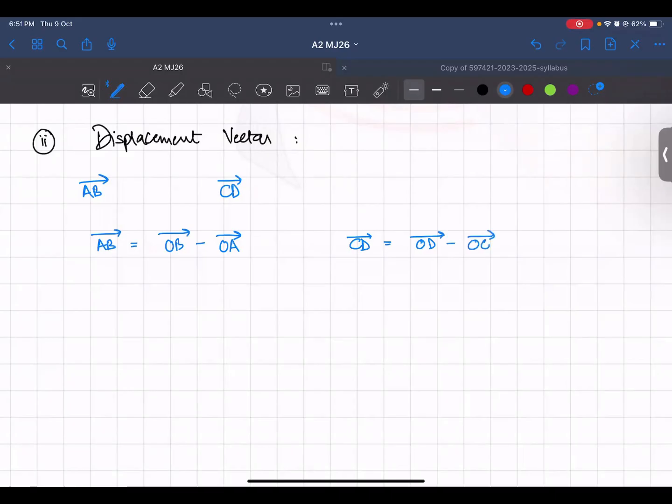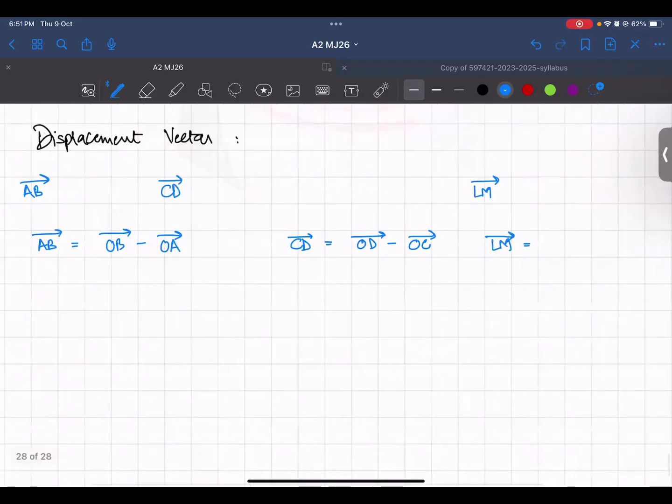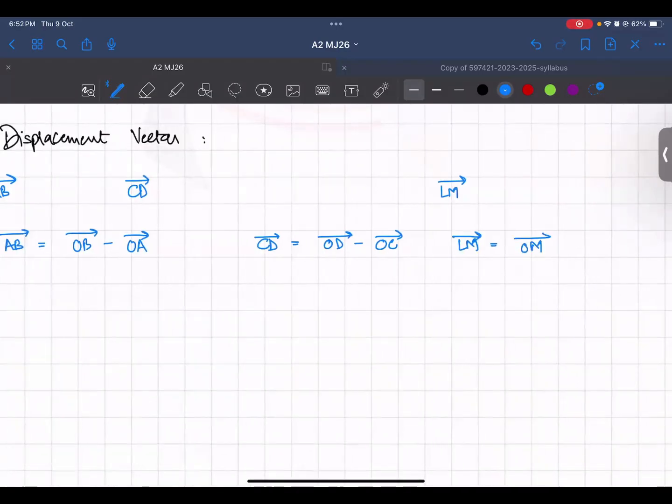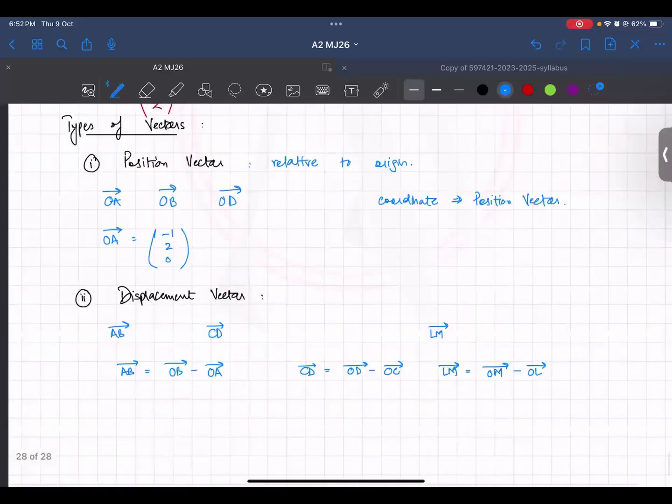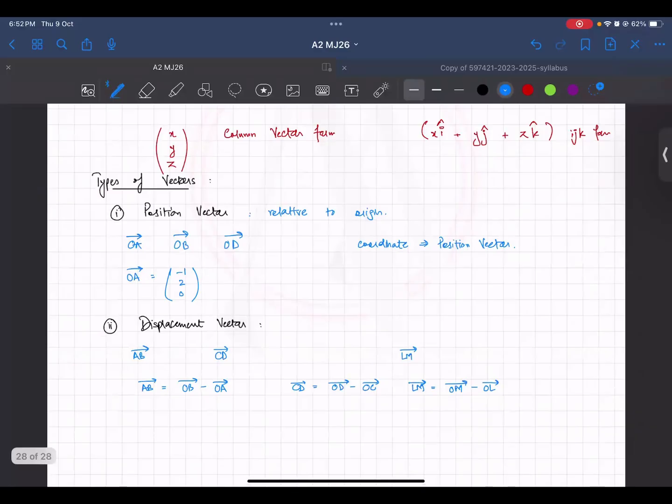So if you have any other displacement vector, LM or XY or anything, you can open it up the same way. LM will be OM minus OL. Okay, that's it.